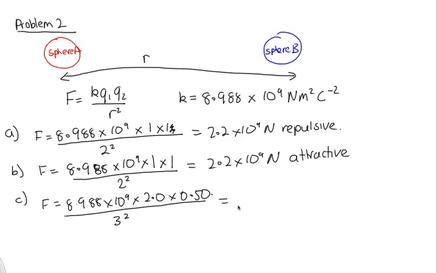So solving this on the calculator, we end up with 1.0 times 10 to the 9. But now they're both negative, so we've got negative and negative. So as these charges are the same, they're going to repel each other. So this will be repulsive. And so finally, part D.